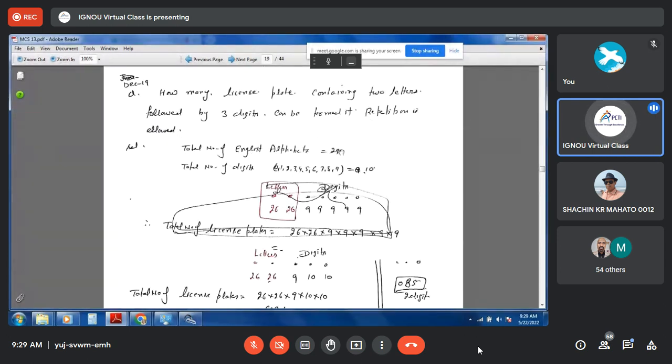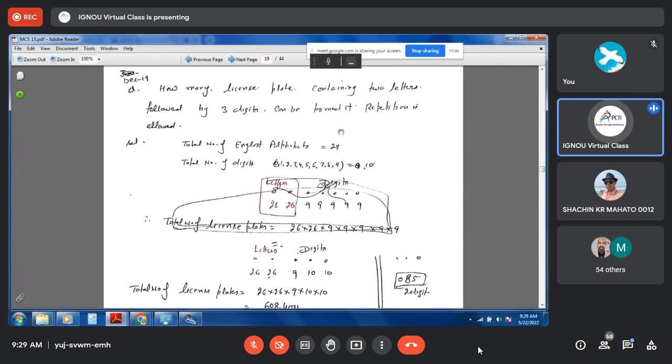The total number of English alphabets is 26, not 29; I wrote it by mistake. Sometimes there is a mistake, please correct it. And the total number of digits is 10.